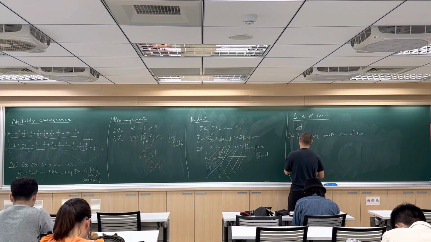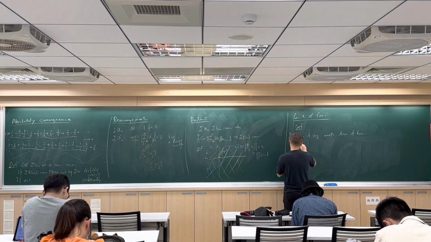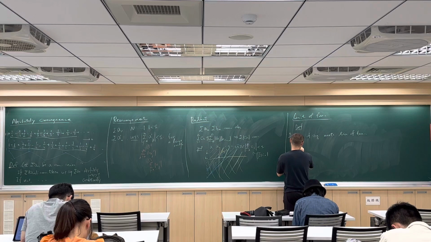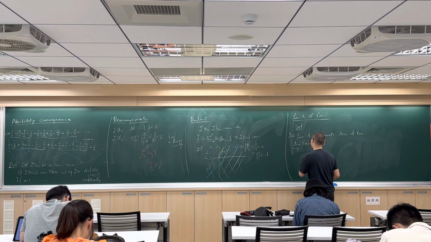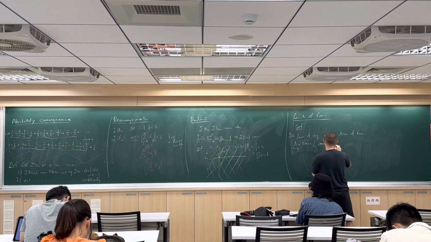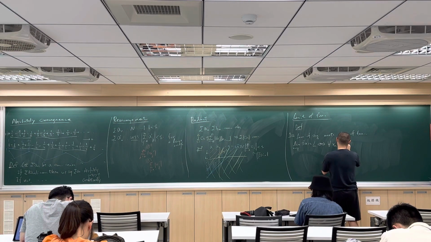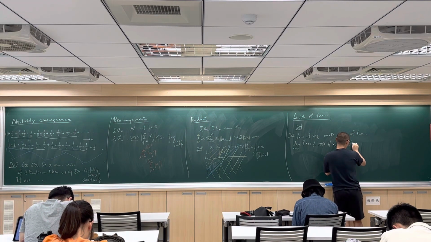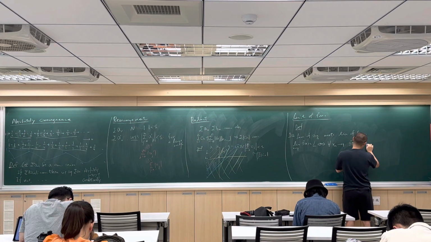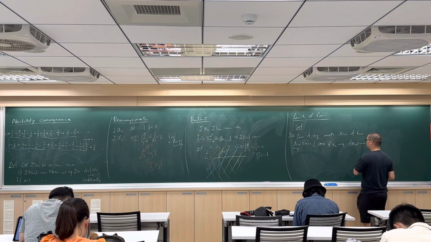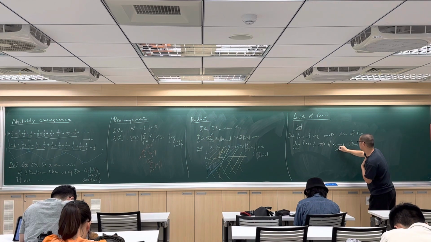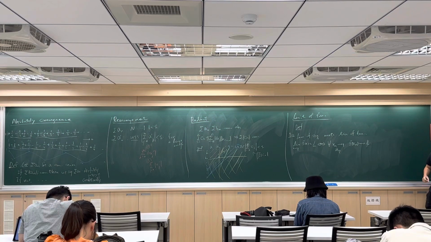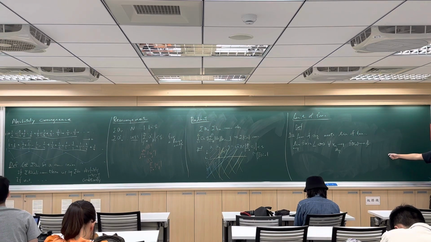So formally it would be: if the limit as x goes to p of f(x) equals L, that means that for x_n going to p, f(x_n) goes to L. That's the proposition.